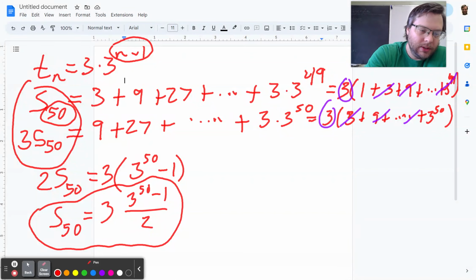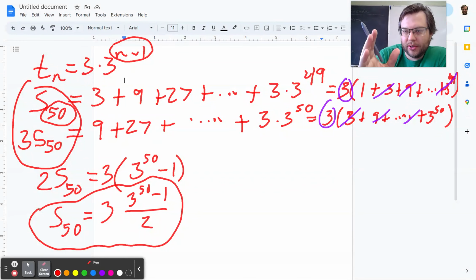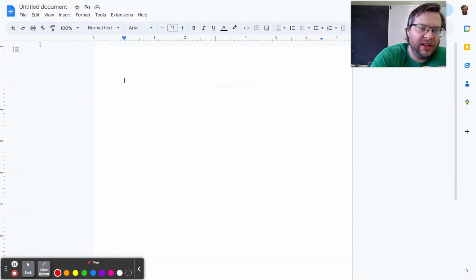In general, I'll show you the general formula, but it's the same idea that if you multiply by r, it shifts all your terms over by 1, and so everything cancels out. So let's say that we had a sequence like this, where it starts with the first term times a ratio to the n minus 1.